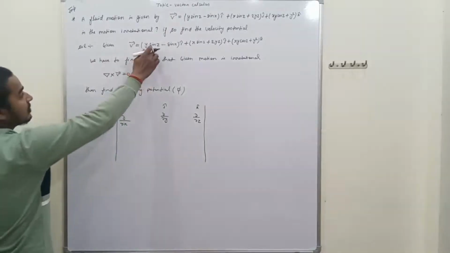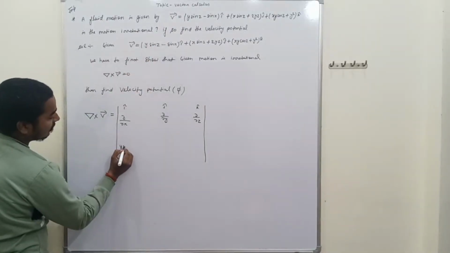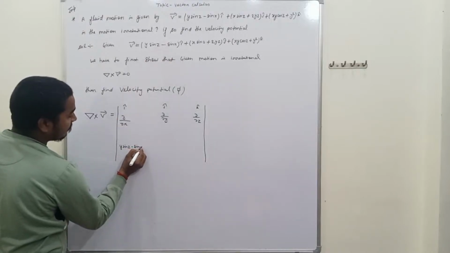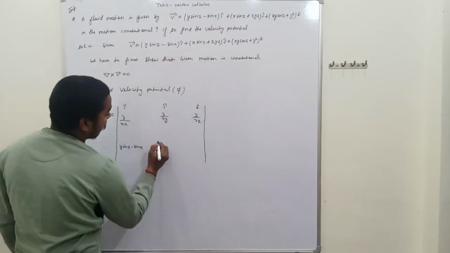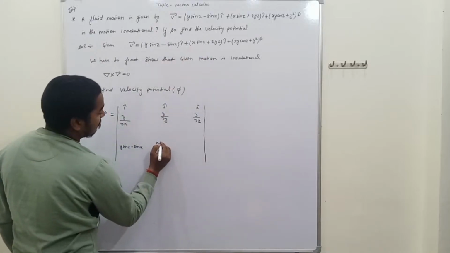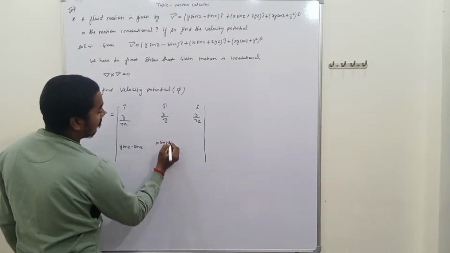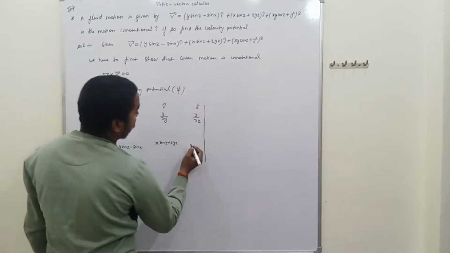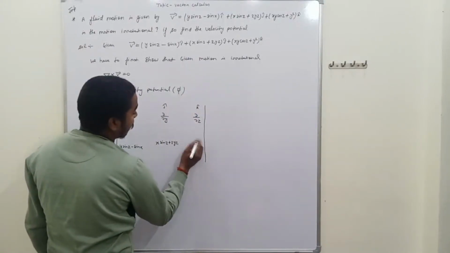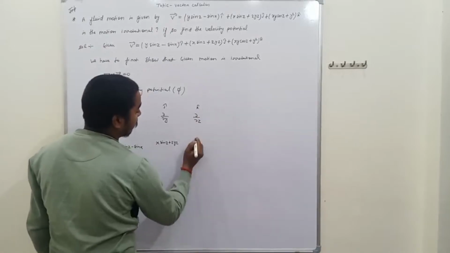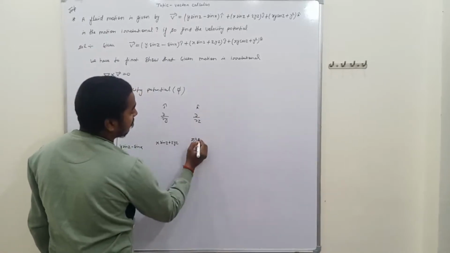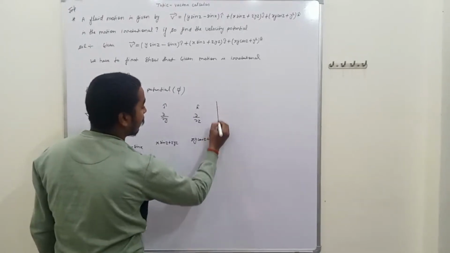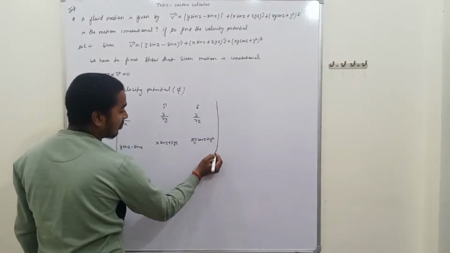For i cap, here is y sin z minus sin x, and for j cap this is x sin z plus 2yz, and for k cap this is xy cos z plus y square. We have to solve this.